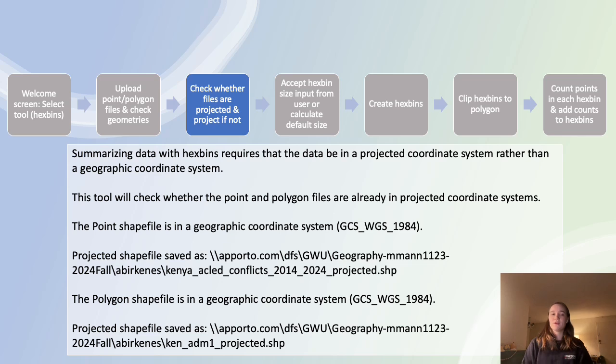The next step is checking whether the files are projected, and if they're not projected, to project them. For creating hexbin analyses, it is strongly recommended to conduct this in a projected coordinate system because that corresponds to linear units like meters or feet rather than coordinates in the case of geographic coordinate systems.